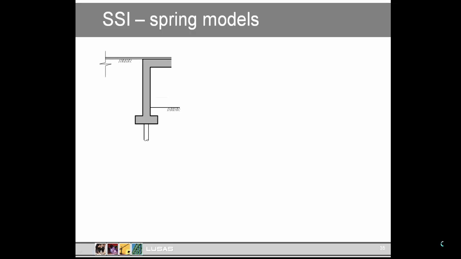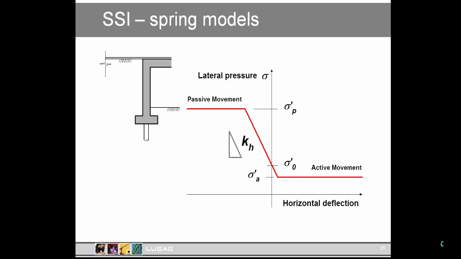For a full height abutment on piles, however, we need to model both springs along the piles and the earth pressure on the wall above. Mixing a continuum approach and a spring approach is probably going to get messy, so it can be useful to use springs for the wall as well. We can use springs or nonlinear joints which effectively yield at the active and passive limits.